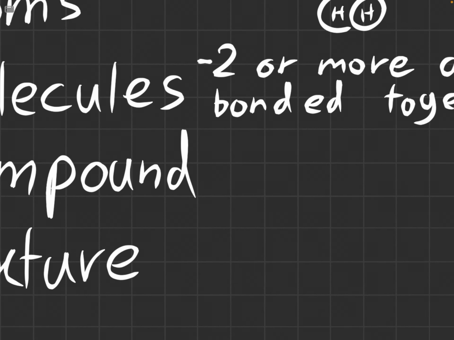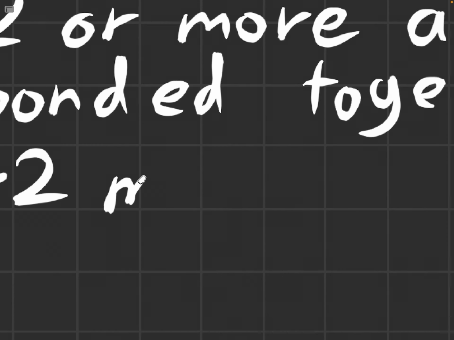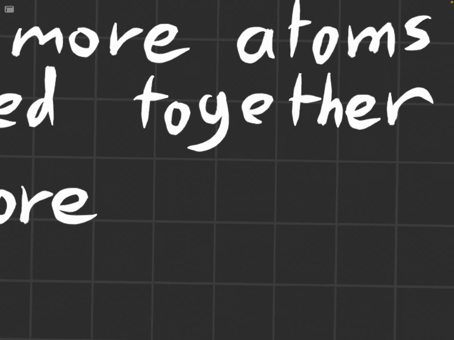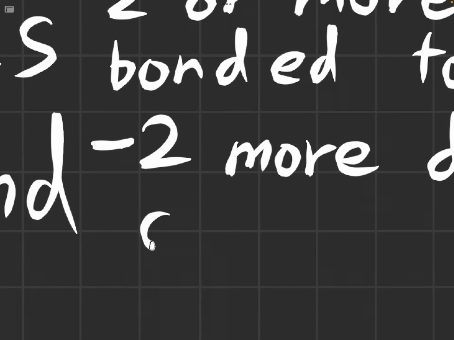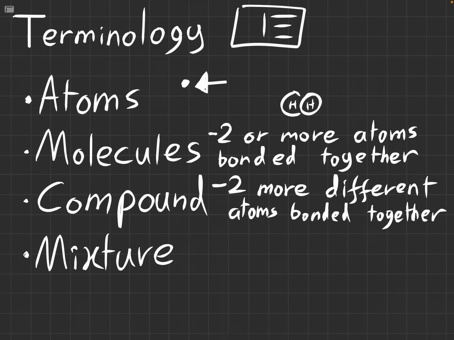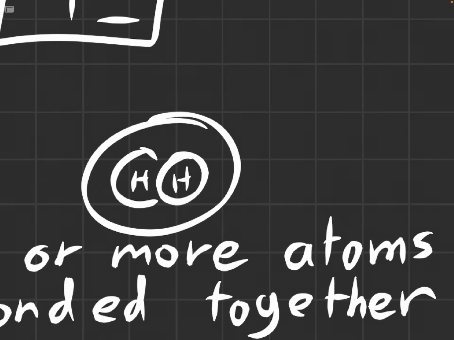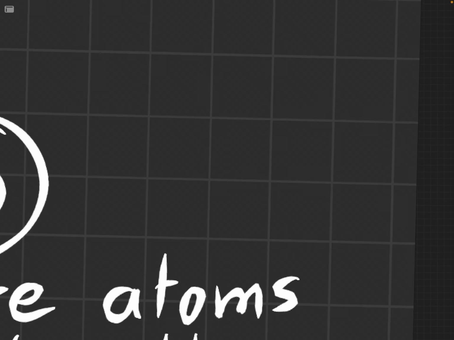So a compound is a type of molecule, but it must have two or more different atoms bonded together. So this means that this hydrogen molecule is not a compound because it only has one type of atom making that molecule.